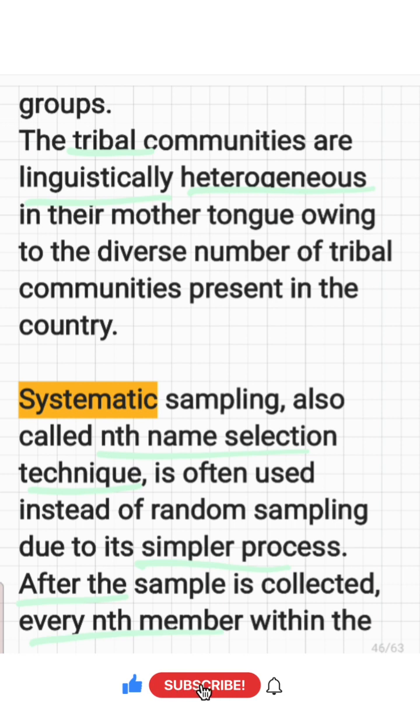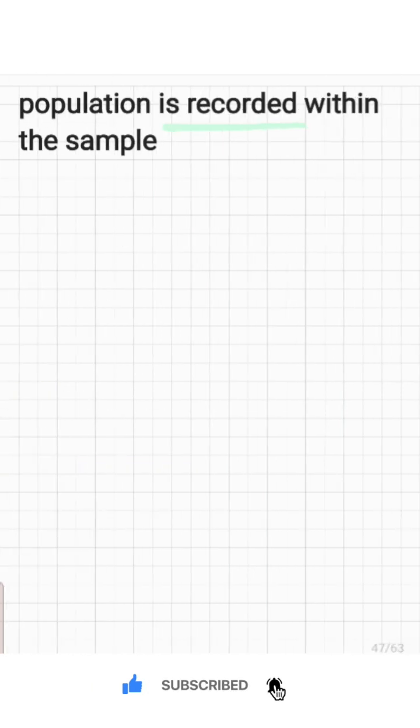It is similar to simple random sampling, but instead of selecting random numbers from tables, we move through a list called the sampling frame, picking every nth name. It is simpler than the simple random sampling process. After the sample is collected, every nth member within the population is recorded within the sample.